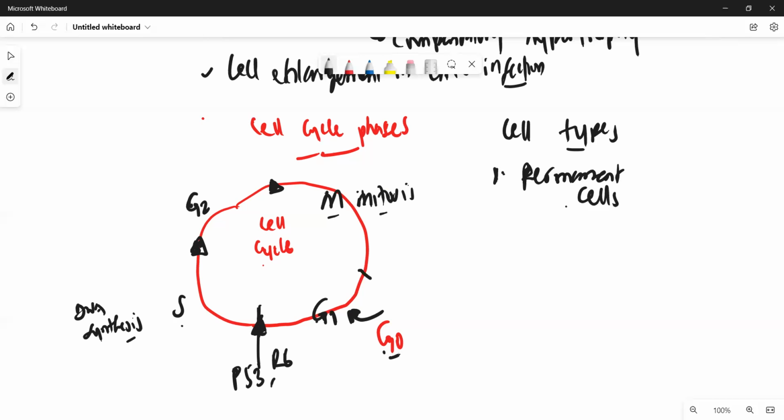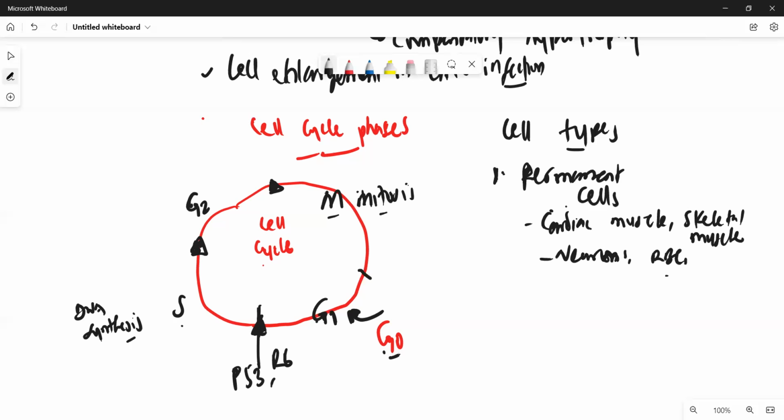Examples of those permanent cells include cardiac muscle, skeletal muscle, and also neurons and the RBC.